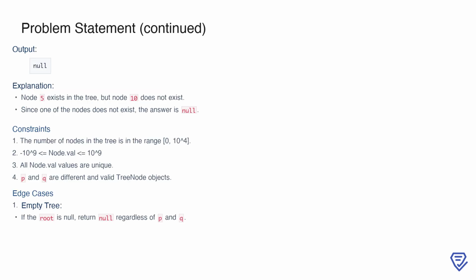In this example, the output is null because, although node 5 is present, node 10 is not part of the tree. This highlights the importance of checking for the existence of both nodes before attempting to find their LCA.